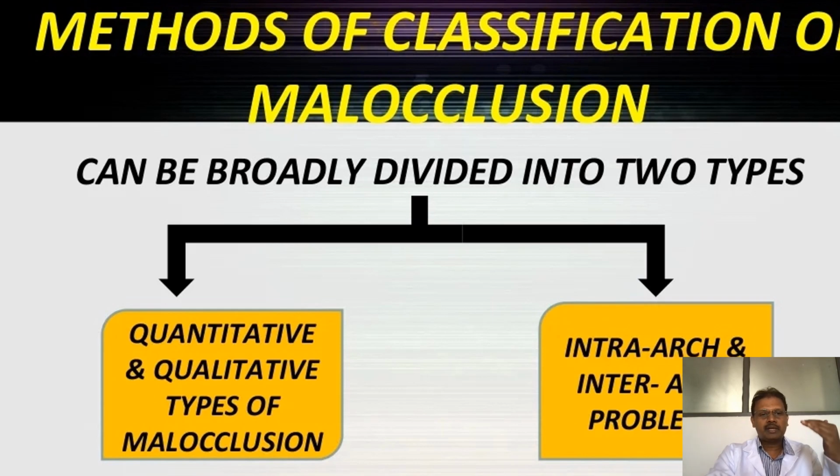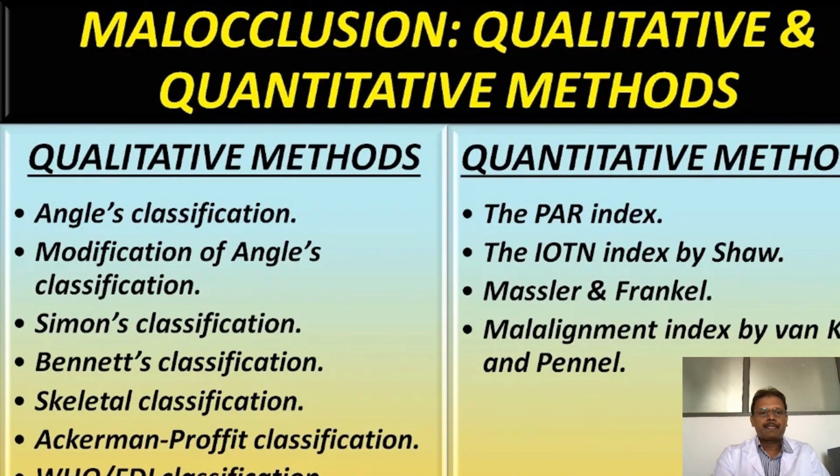Qualitative methods are basically the Angle's classification and the modifications of the Angle's classification, given by Dewey, and then we will discuss Simon's classification, Bennett's classification, the skeletal classification, and lastly the Ackermann and Proffit classification.